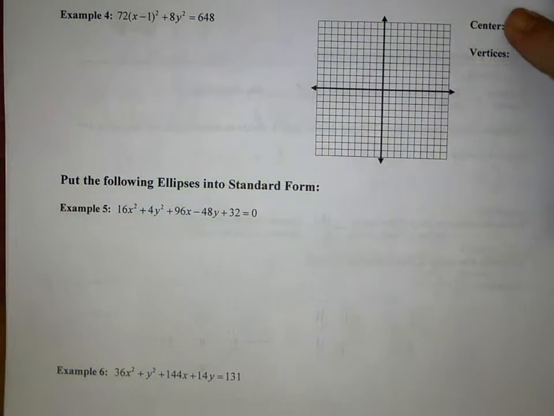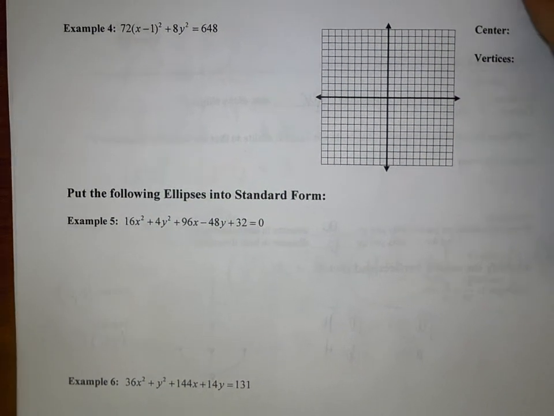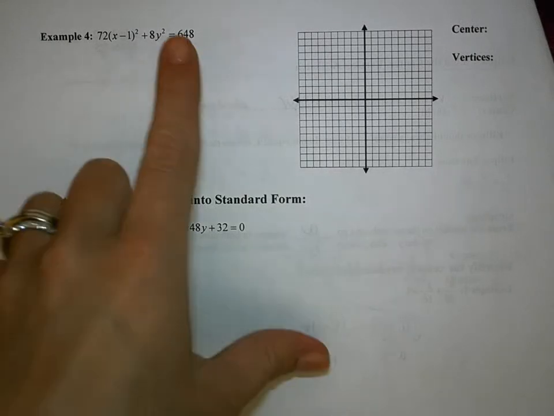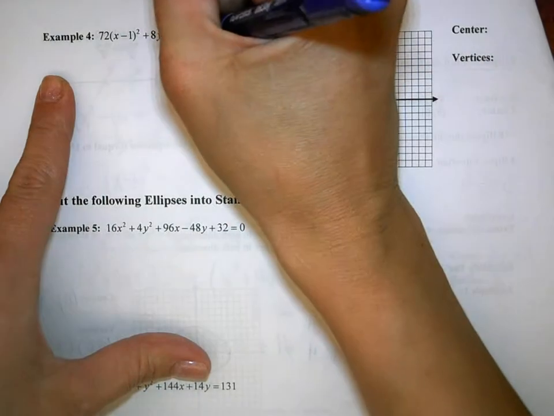Okay, so example 4, I would like you to try this one kind of on your own, but I'll help you set it up. The first thing you should notice, though, is what? Good. And so what do we do when it doesn't equal 1? Very good. So we're going to divide by 648.